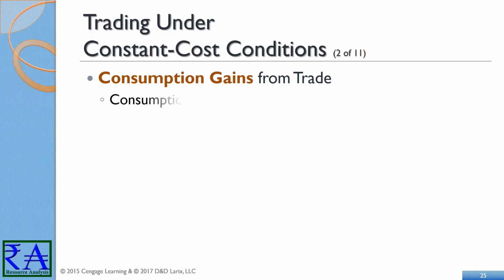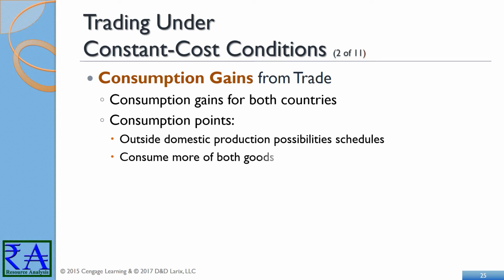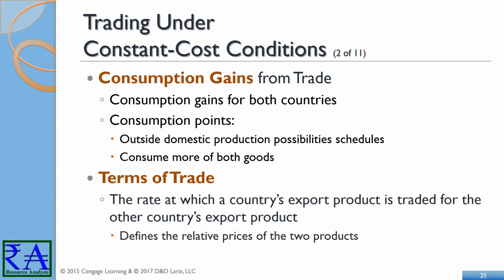The concept of consumption gains from trade, as discussed here, allows us to assume that when production of specific goods is globally increased, both countries will increase utilization of these goods, building the consumption on the rate of pre-trade use. The terms of trade establish a set of trade-offs between pre-trade consumption and post-trade exchanges.